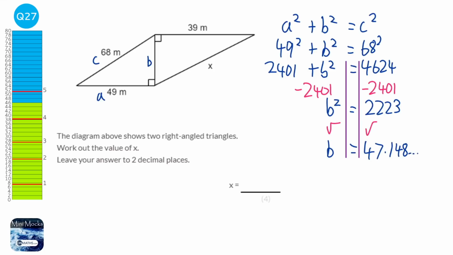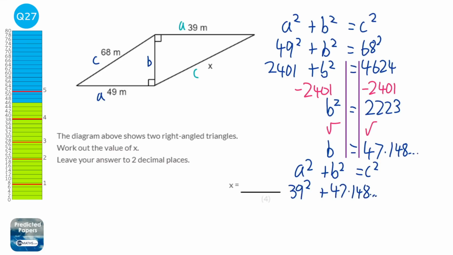Okay, we're now looking at the second diagram, and this time we're going to have A, we've got our B, and we're going to call X the C. So it would be A squared plus B squared equals C squared, but this time A is 39. B we are given as 47.148, we've just worked that out.